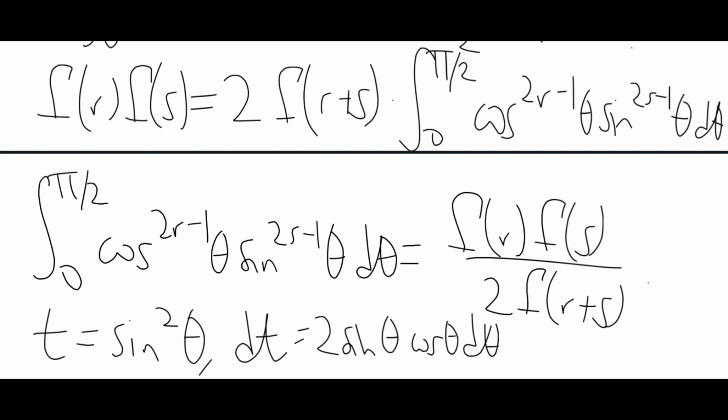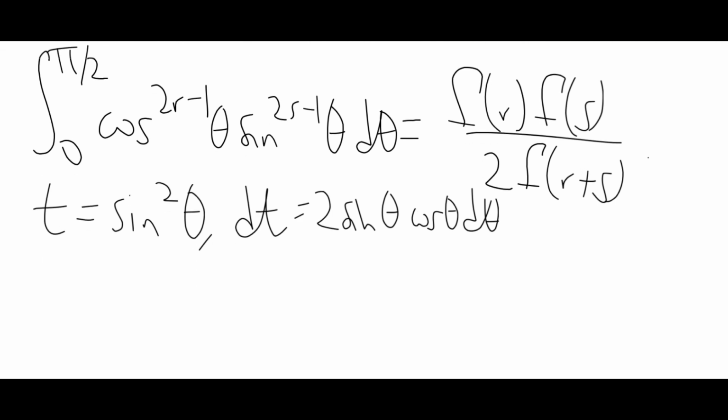Okay, so the integral then becomes, I'm going from 0 to 1, and then I need a sine and a cosine for the differential. So it's really cosine to the 2r minus 2, which is 1 minus t to the r minus 1.